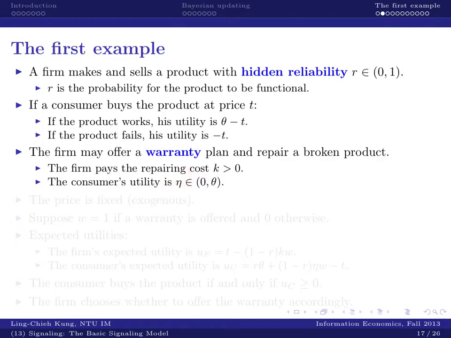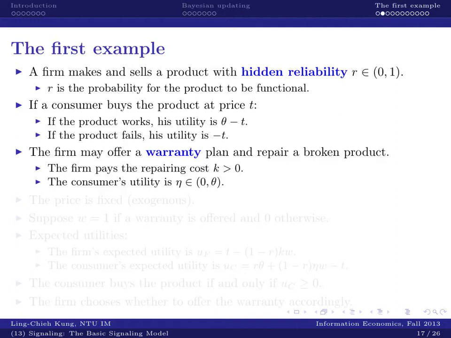Eta is assumed to be a number that is greater than 0 but smaller than theta. Eta is how much the consumer may enjoy a repaired product. We assume eta is lower than theta because even though you get a repaired product, it may not be as good as a new one.